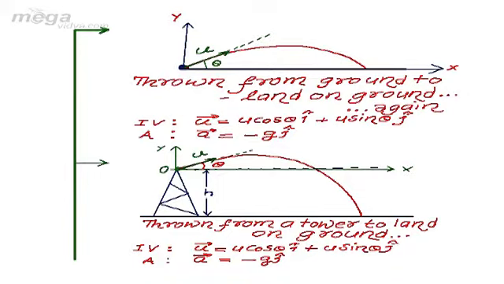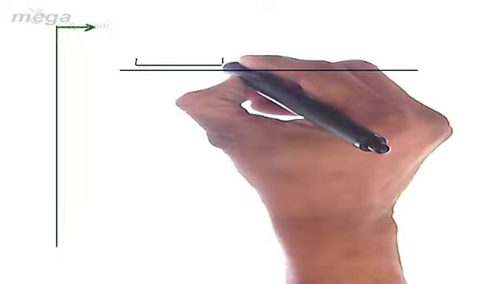Now, we are taking the next example in which a projectile has been thrown from a moving cart. So in the third case, students, think about a projectile thrown from a moving trolley.